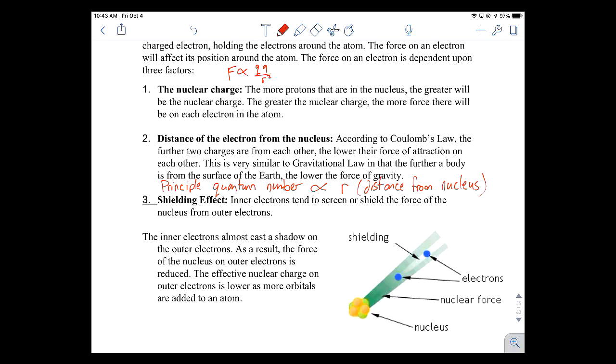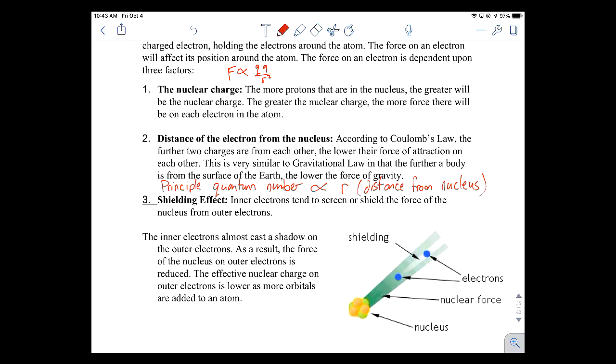And then this is probably the last interesting effect, which is the shielding effect. I like this effect a lot because it explains why the shells form, and why the shells and the properties seem to repeat themselves.